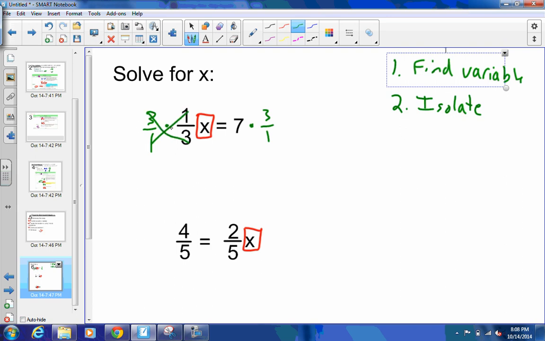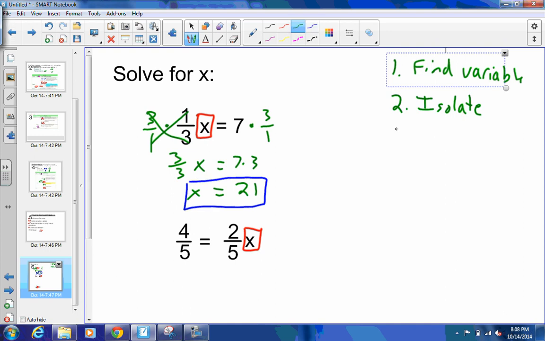You're just left with 1, or really 3 over 3x, or 1x, because 3 over 3 is equal to 1, equals 7 times 3, and we know that 7 times 3 is equal to 21. So there we go. We got x equals 21.